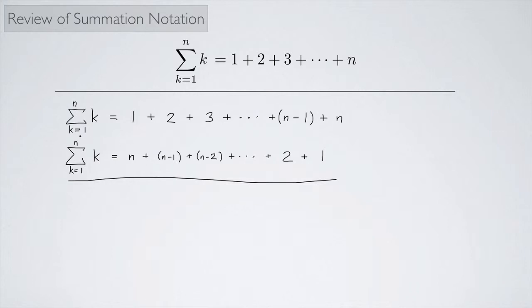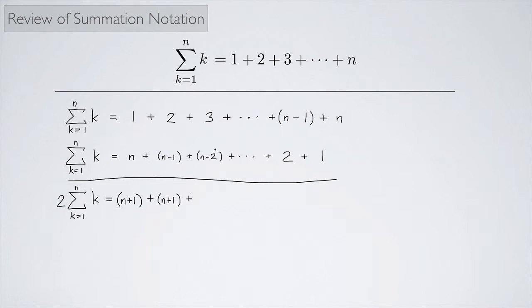So in this case, when I add the sums, I would get 2 times the sum from k equals 1 up to n of k. And that would equal, okay, so I'm going to get n plus 1. That's the first term. And then n minus 1 plus 2, that's also n plus 1.